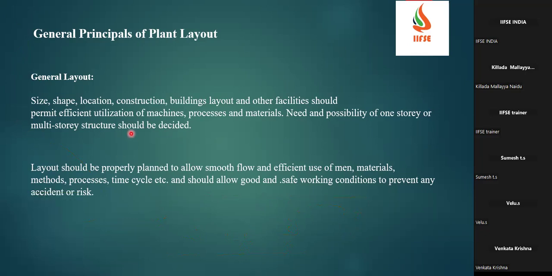It is simple: whatever the size, location, construction, building layout, or other facilities, they should give efficient utilization of machines. When you say efficient utilization of machines, if you are able to feed the machine properly without keeping it idle, engaging your machines 24/7, and those machines work 24/7 without any damage, then your equipment is efficient.